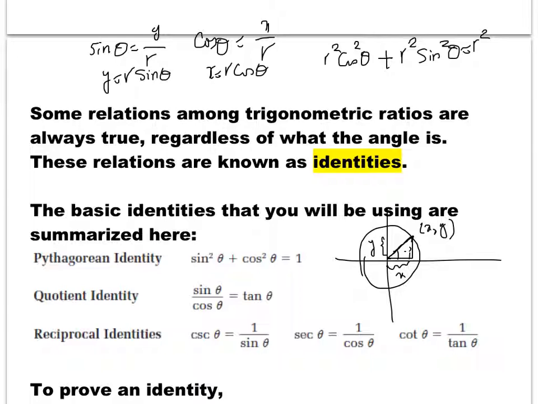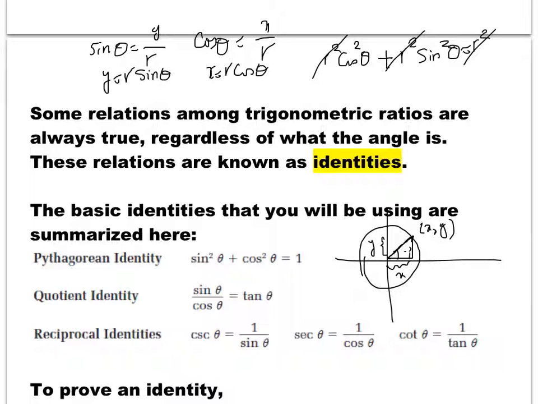Now I can cancel r squared out, and I get cos squared theta plus sine squared theta is going to be equal to 1. This is probably one of the most important identities you will see. You will use this one left and right in every identity that you want to prove.